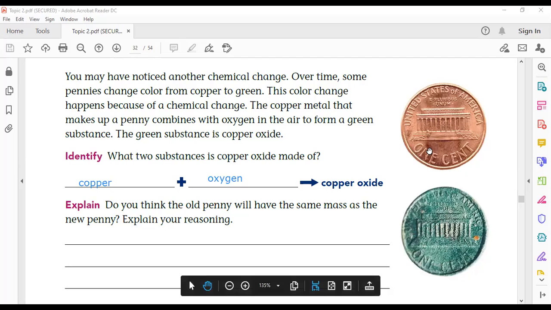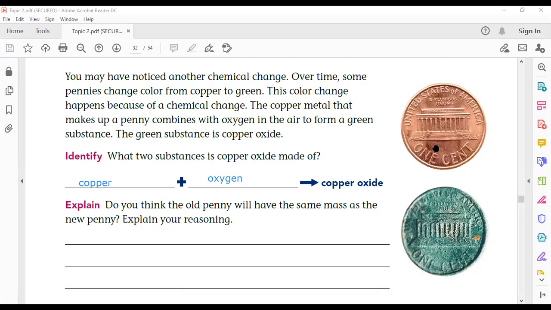Okay. So in other words, the mass of the old penny will equal the mass of the original penny plus the copper oxide. Again, the mass of the old penny will equal the mass of the original penny plus what? Plus copper oxide.